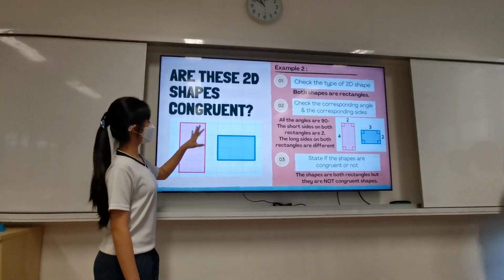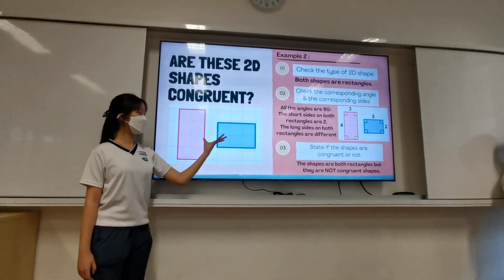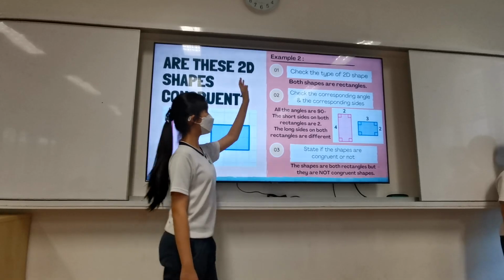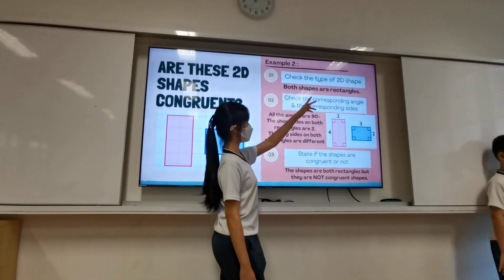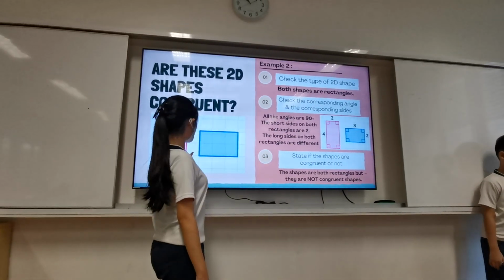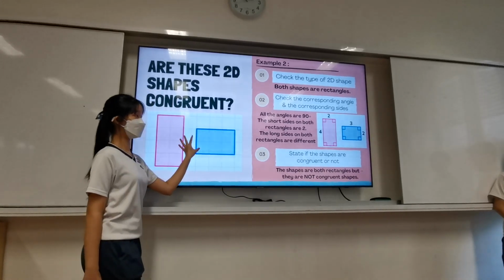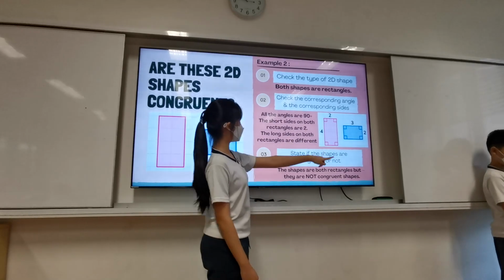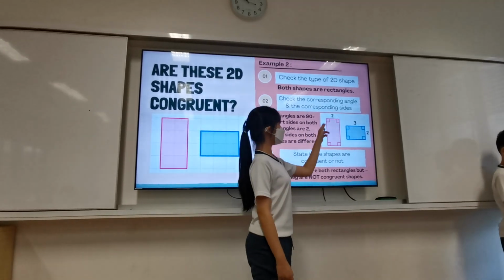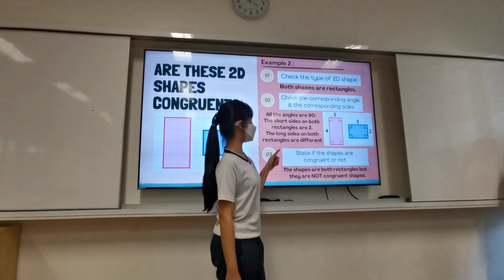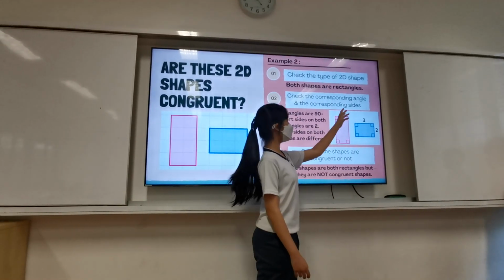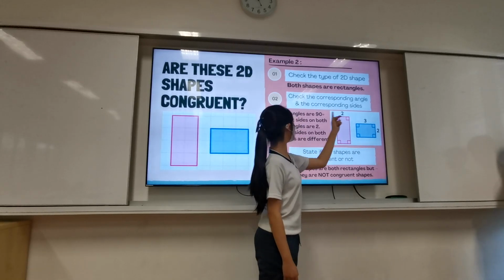Let's look at a second example here. There is another set of shapes, and are these 2D shapes congruent? As mentioned before, we check the type of 2D shape, and you can still see that both of the shapes are rectangles. Now we check the corresponding angles and the corresponding sides. We can see that all the angles are exactly 90 degrees, so they are of the same angle, and the short sides on both rectangles are 2.